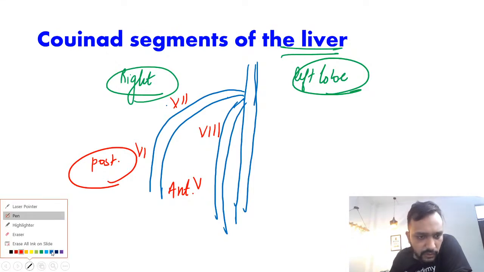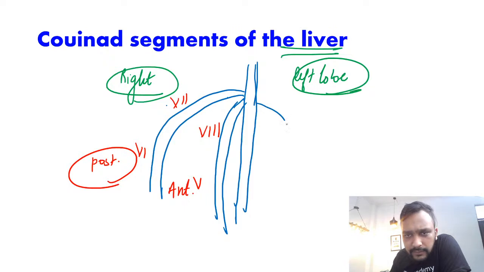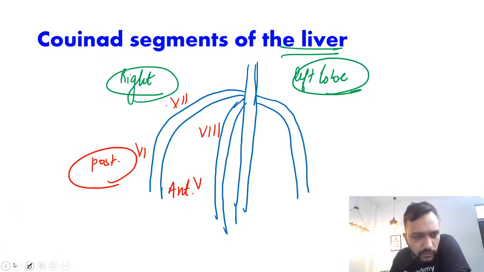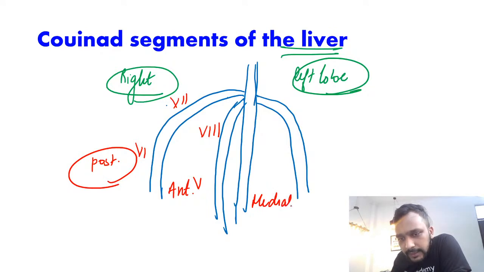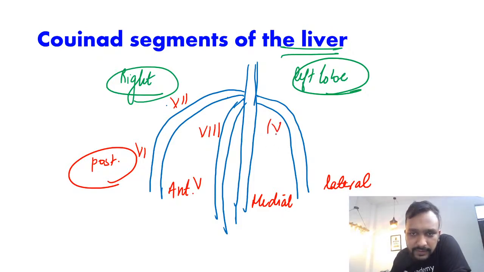And if we talk about the left hepatic vein, it is going to divide the liver into a medial and a lateral segment. Medial segments include segment 4A, segment 4B, and lateral segments include segment 2 and segment 3. So this is the basic normal anatomy of the liver.